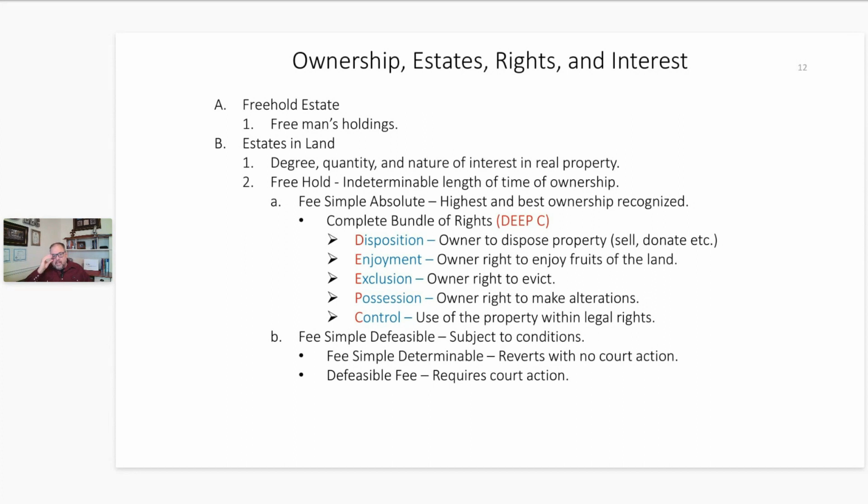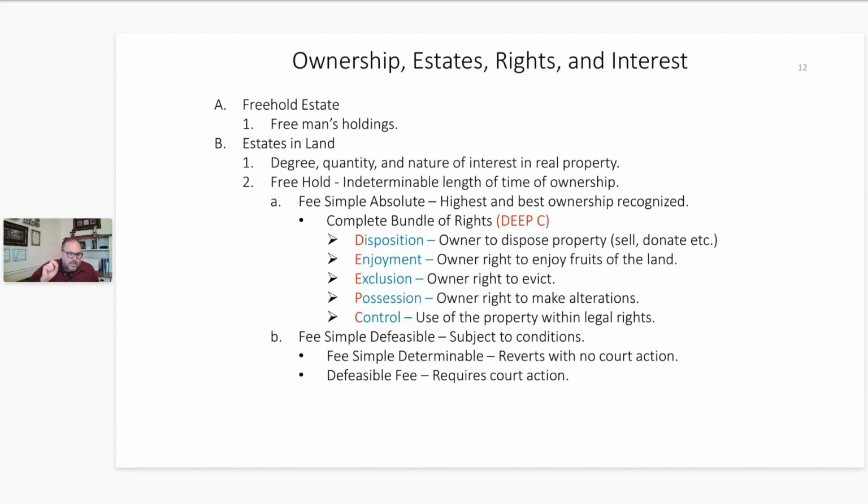Now, under the estate for land, when it comes to freehold estate or ownership, that's how I like to look at it. I've got what's called fee simple absolute, and I've got another term called fee simple defeasible. Two different types of ownership that you want to know for the state exam. Let's look at fee simple absolute first.